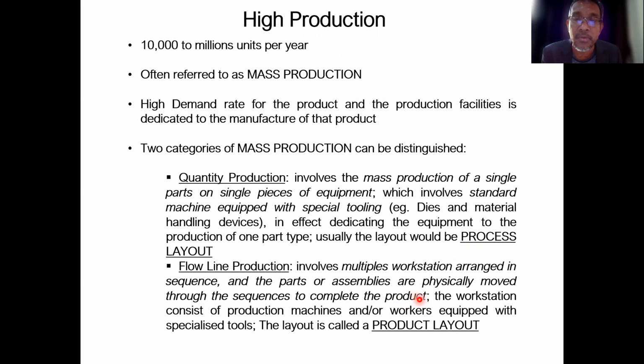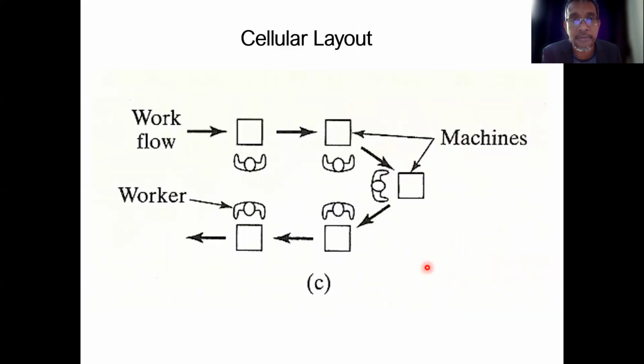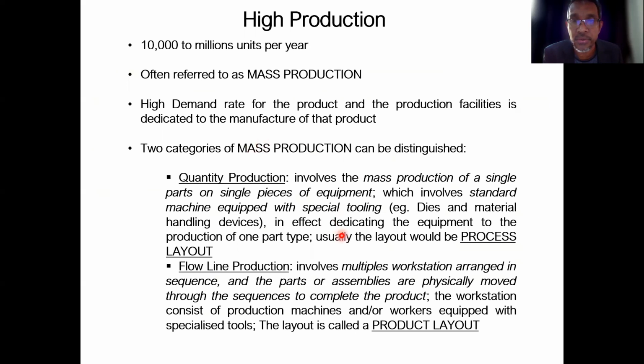They involve multiple workstations arranged in sequence. Like I showed you just now, they have a straight line. They focus on every station to assemble the part, and then they have a sequence to complete the product.